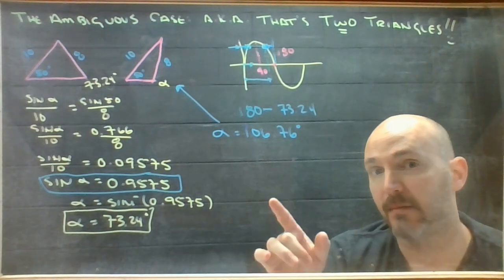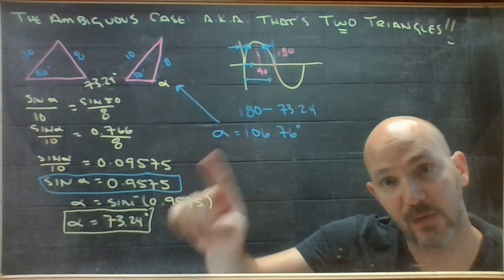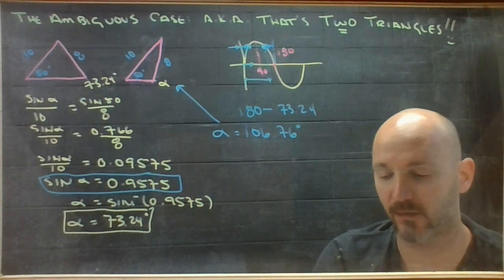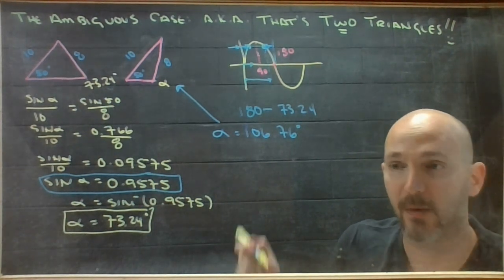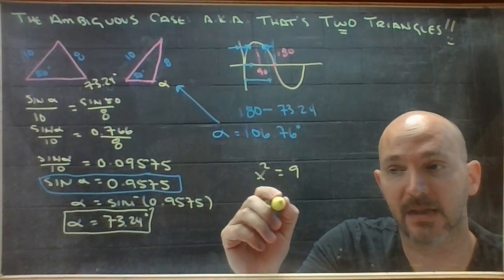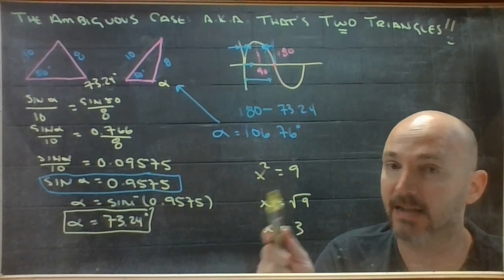So anytime you pull an arc sine, you move this over here, you have to do the two solutions. It's just like when you have x squared equals 9. It's easy to say x is the square root of 9, so x is 3. But that's not complete.